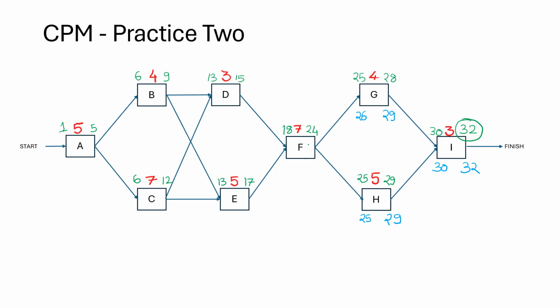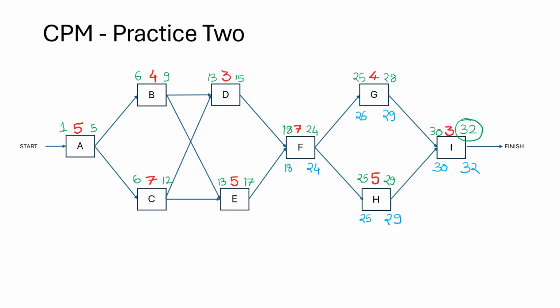Now, task F is dependent on these 2 numbers, 26 and 25. So we take the smaller number and decrement 1 on a backward pass, which is completely reverse of the forward pass. So 25 minus 1 is 24. 24 minus 7 is 17, plus 1 is 18.